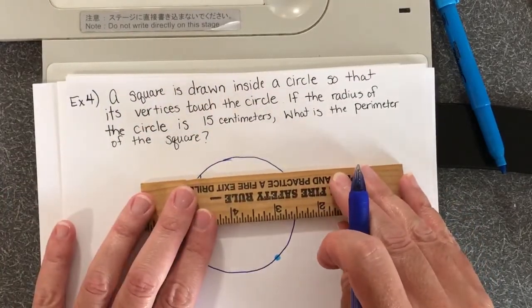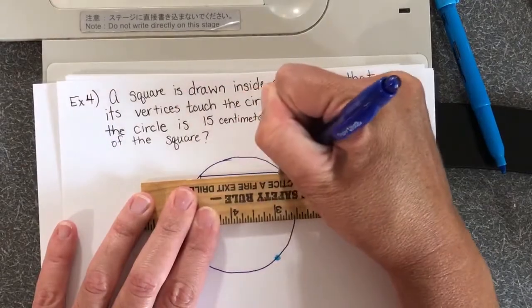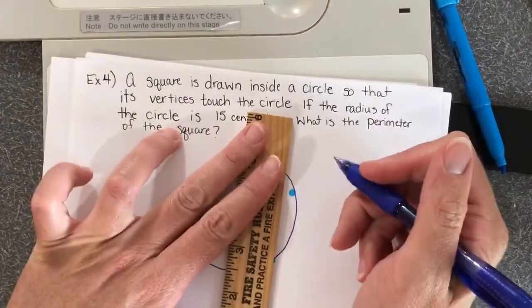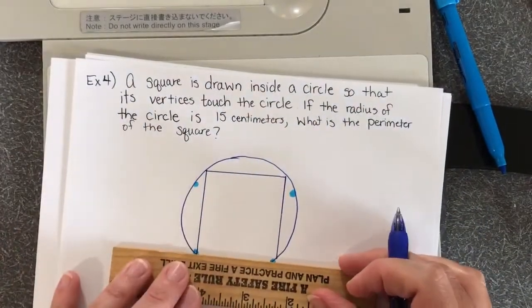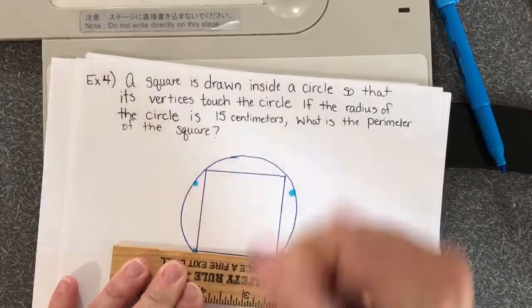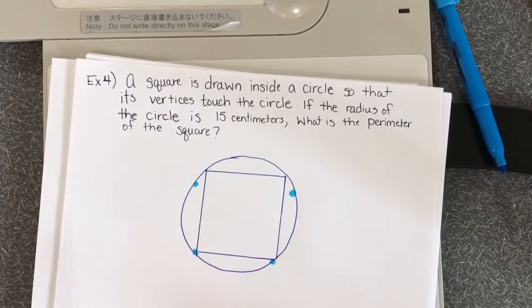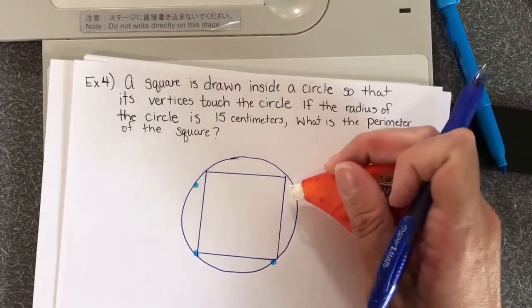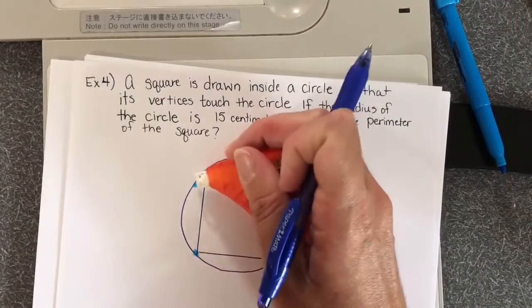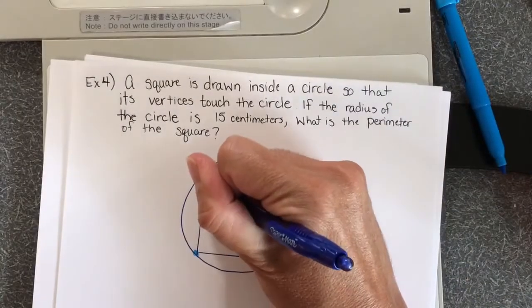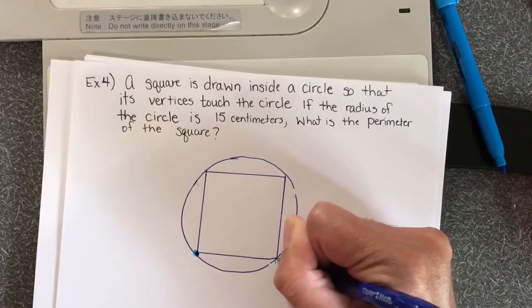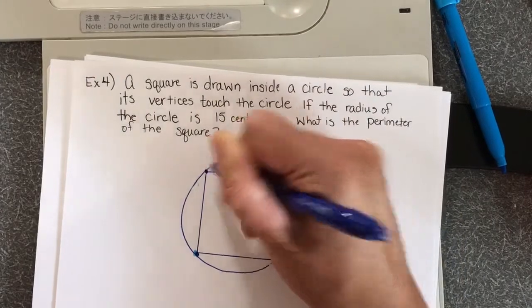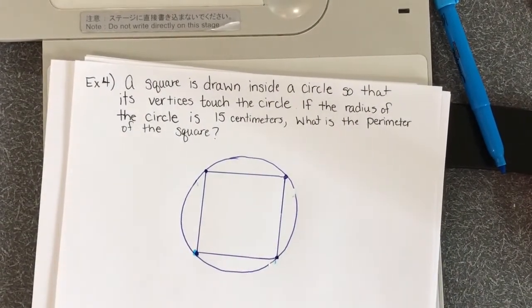I'll go back and fix that. It's the perfectionist here that I am. Okay, so it's a little better. Let me fix these little dots that I didn't use. Okay, so we have the square that's drawn inside this circle, and we have the vertices that touch the circle.